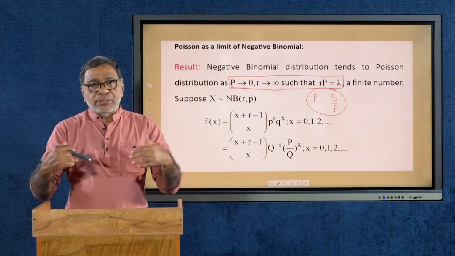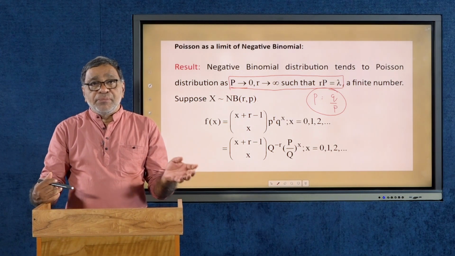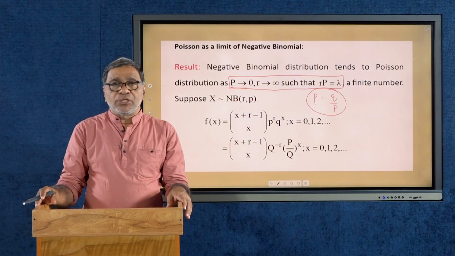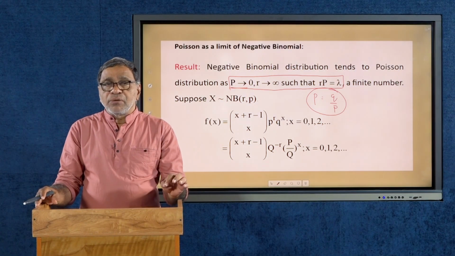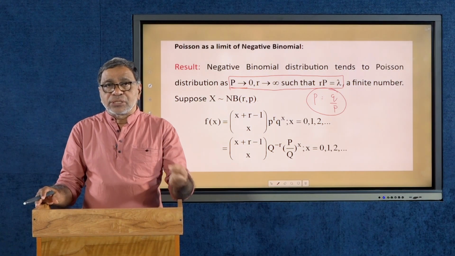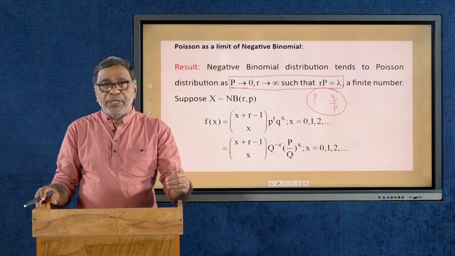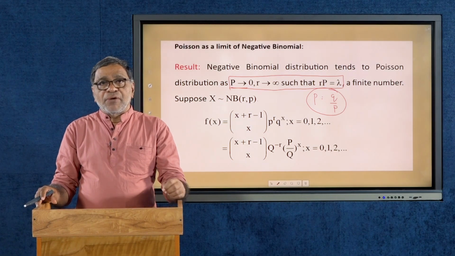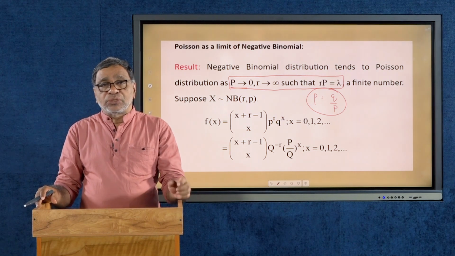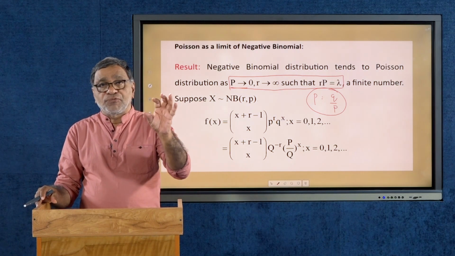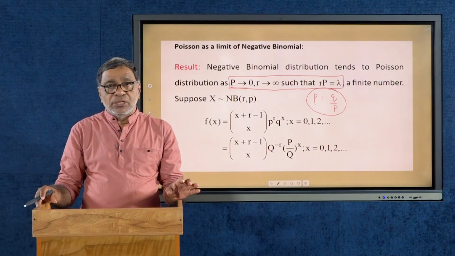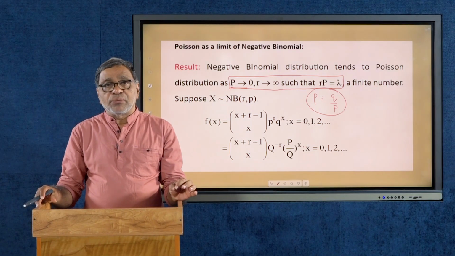So, this is the result related with the limiting behavior of the negative binomial distribution. Remember, we are establishing this result based on the new variables capital P and capital Q, where capital P is equal to the ratio between probability of failure and probability of success, Q divided by P.